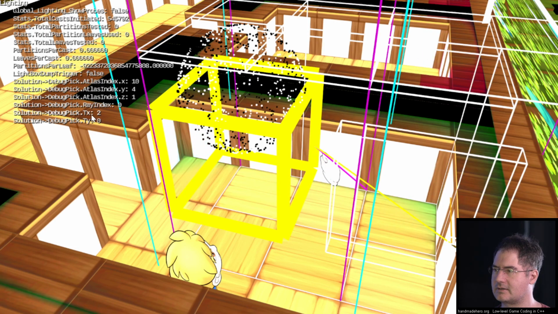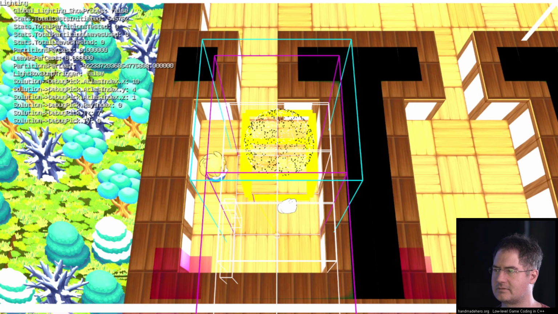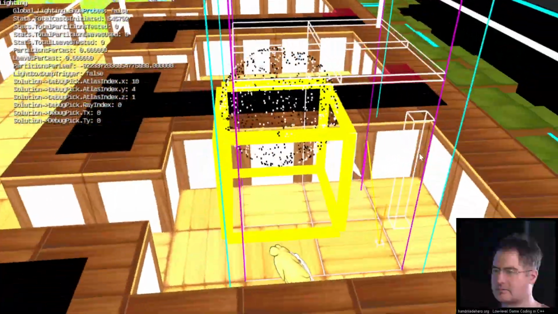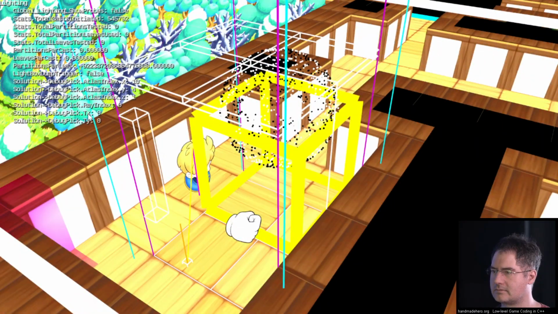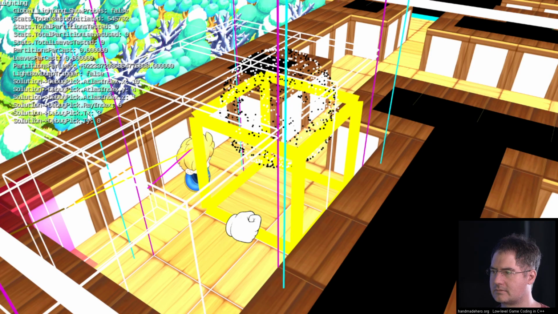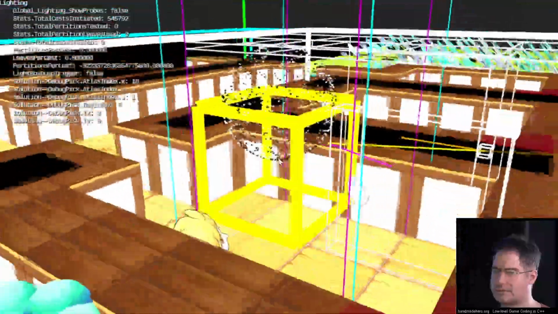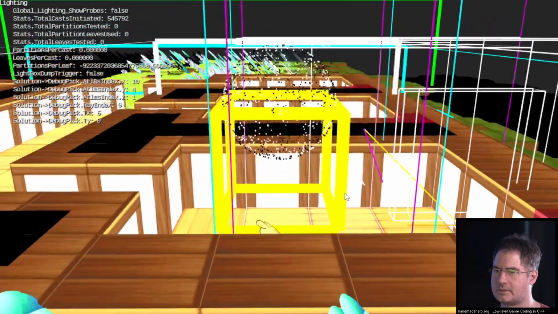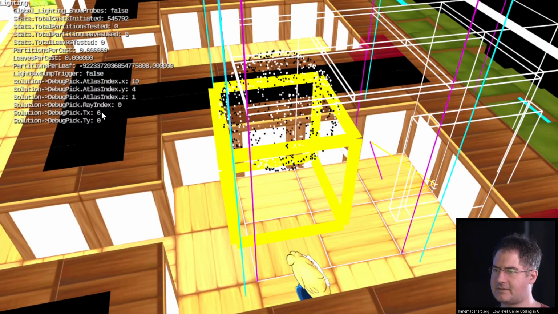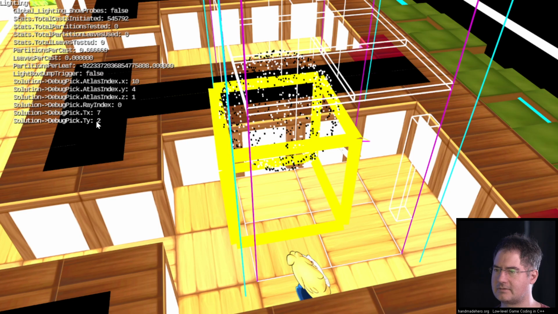So we've got our ray cast now that we had from before here, and these should now be more sane. And the ray casts themselves look fine, right?